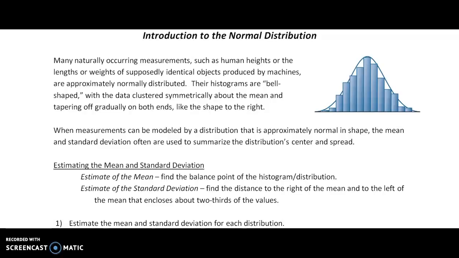The farther you are from the mean, the more spread out it is. So the higher the standard deviation, the farther from the mean it is. If you have small standard deviations, you're going to have a really tall bell curve. If it is a larger standard deviation, it's going to be a much wider and not so tall bell curve. Okay.